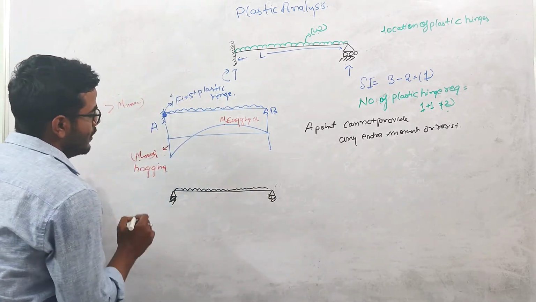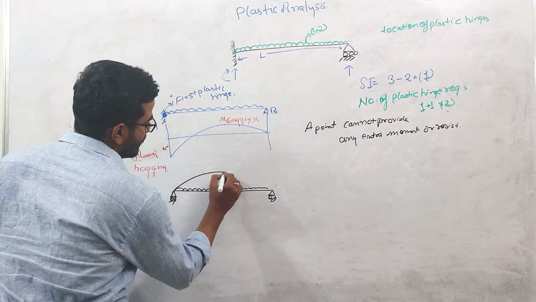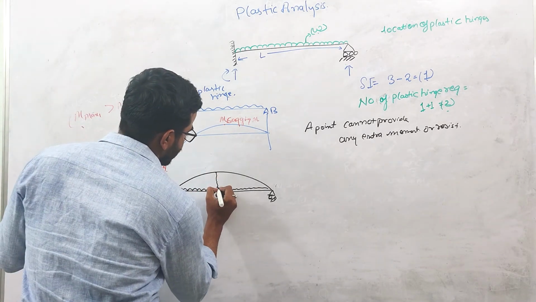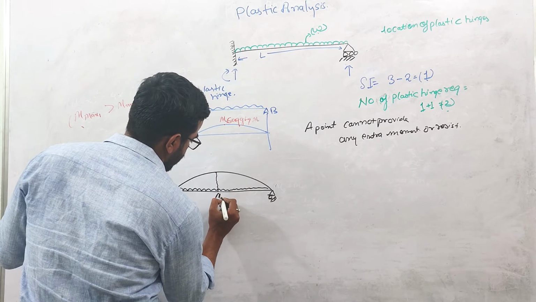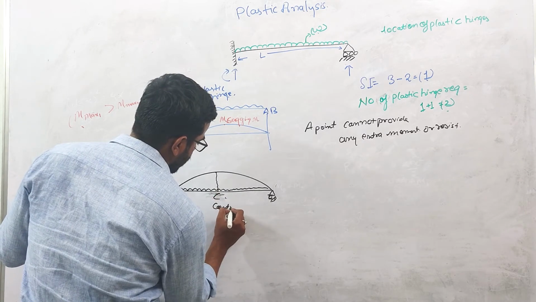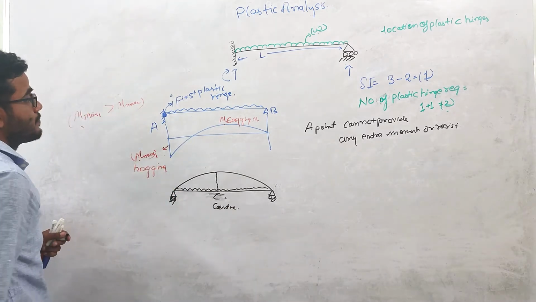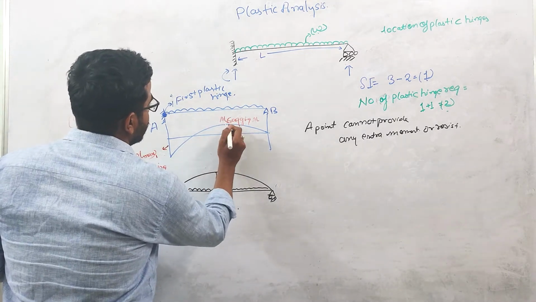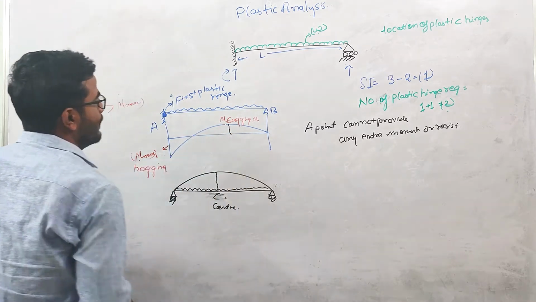The UDL is there, so its bending moment diagram will look like this. The maximum bending moment will occur at the center. Let us suppose this is point C, the center. Initially the bending moment was maximum at this point.